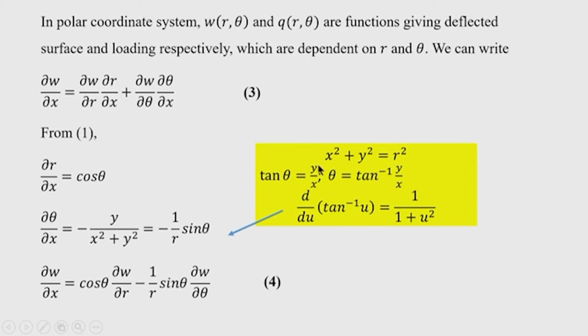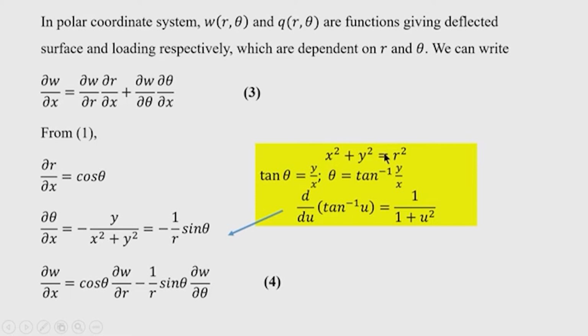Okay. Now, in order to find del r by del x, let us differentiate this quantity with respect to x. If you differentiate this with respect to x, you will get 2x, and because y square does not contain any x, differentiation of y square with respect to x will be 0.